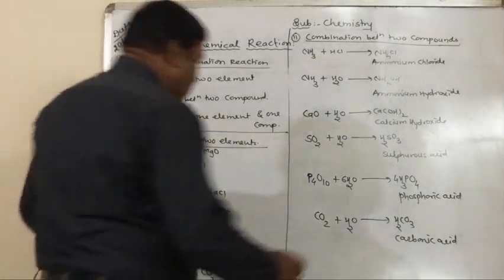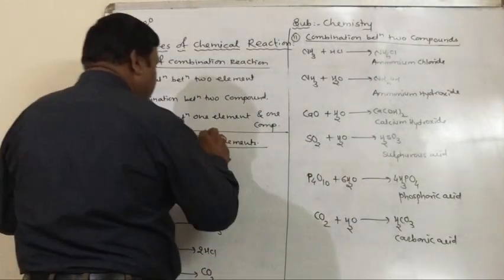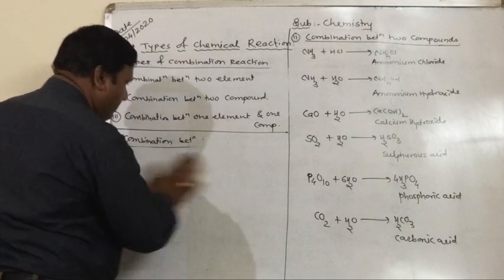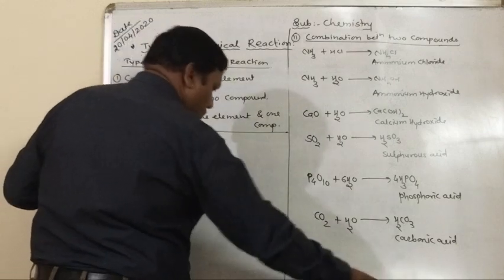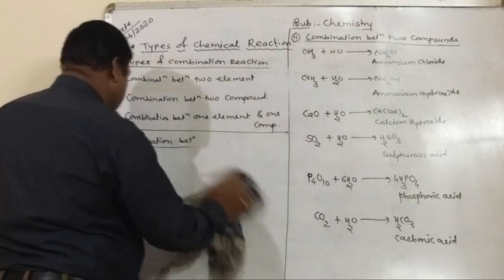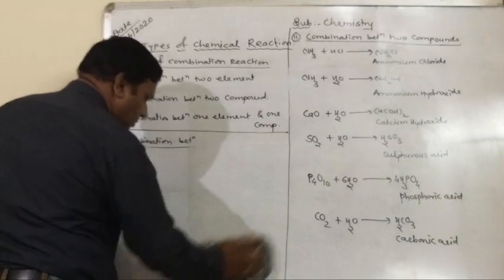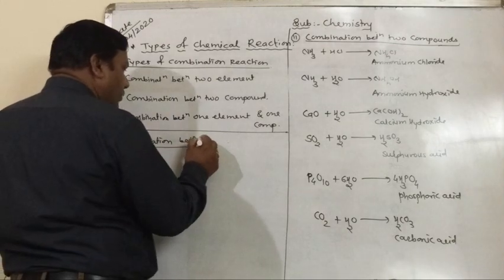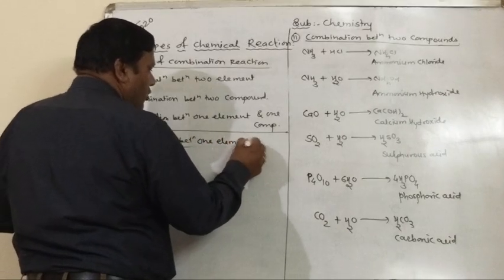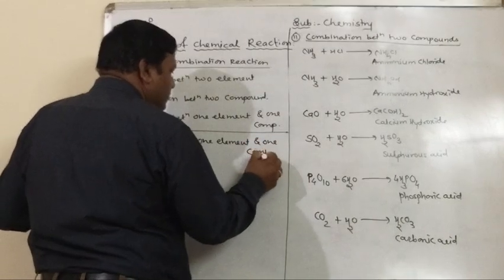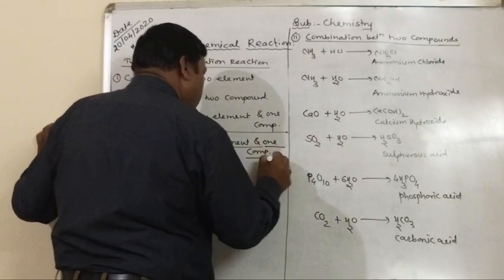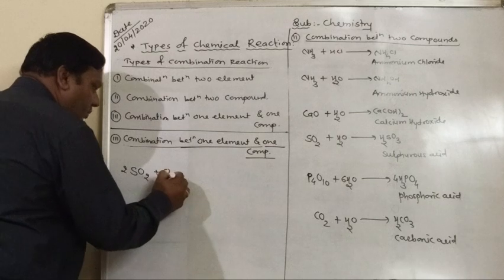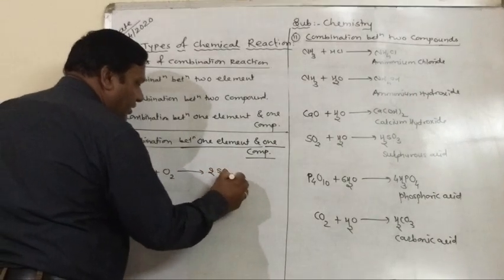Okay. After that, the third one is combination between one element and one compound. Like here, sulfur dioxide plus O2 to get sulfur trioxide.